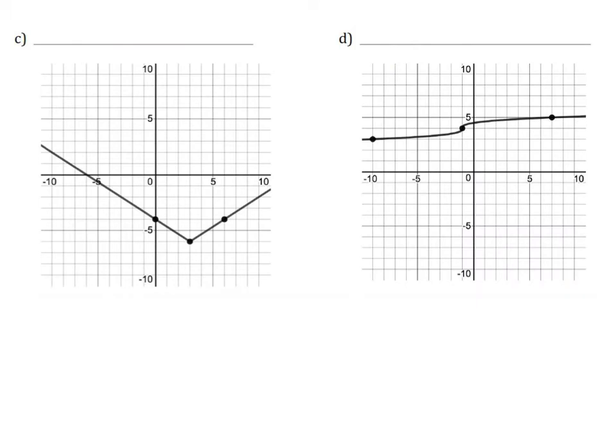Okay, letter C and letter D. I'm hoping you're looking at those graphs and you know what the parent function is right away. So the parent function for this graph, I hope you're saying, oh, that's the absolute value of x. The parent function for this graph, I hope you're saying, well, what is it? It's on its side. This is, oops, the cube root of x.